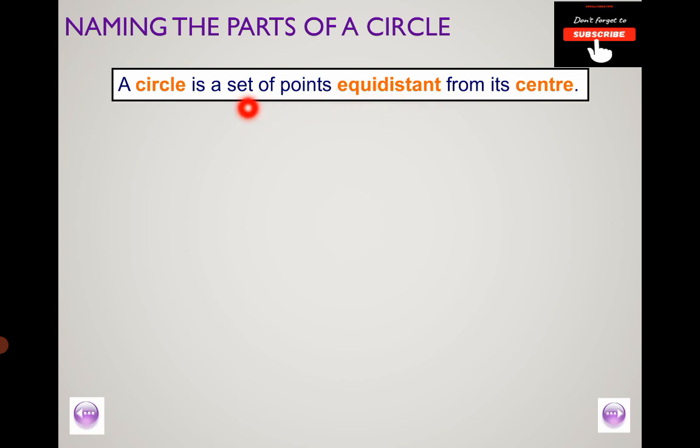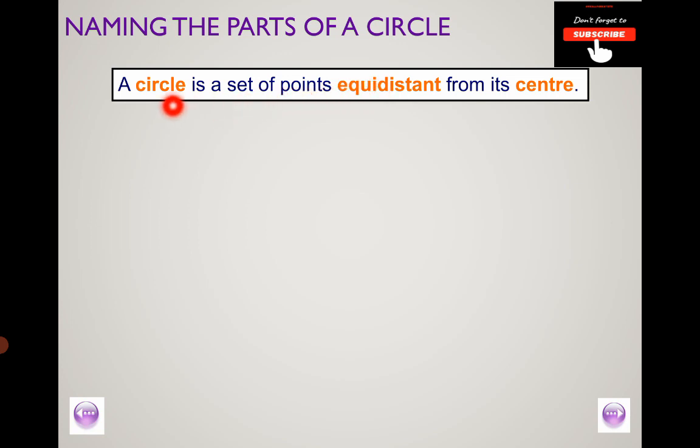So in the definition here, we have the word equidistant. What do you think equidistant means? Well, if you thought that equidistant means having equal distances from a fixed point, then you're right.